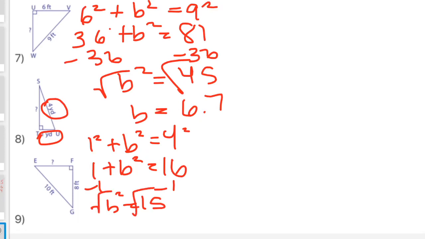We're going to find the square root of both sides, and b equals 3.9, or 3 and 9/10. All right, we have one more. I do not have enough room. I'm going to have to erase to do number 9, but you've got room. You can erase on your desk, so go ahead and pause the video and try number 9.